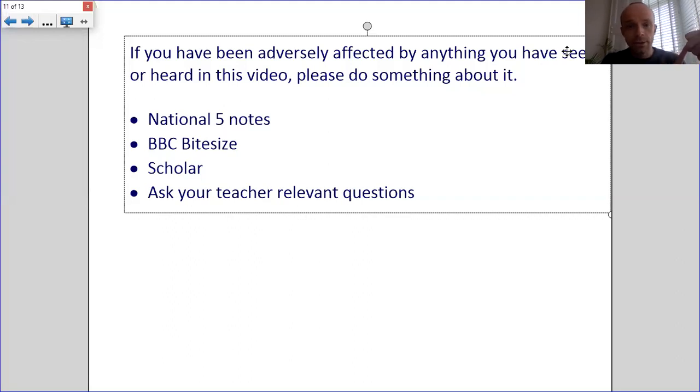Go back, look at your notes, have a look on Bite Size, go on to Scholar, onto the National 5 section, do some revision of these topics. And if you're still struggling, get in touch with your teacher, because it's important you have a really good understanding of these topics from National 5 before we move on to the first topic in Higher Human.